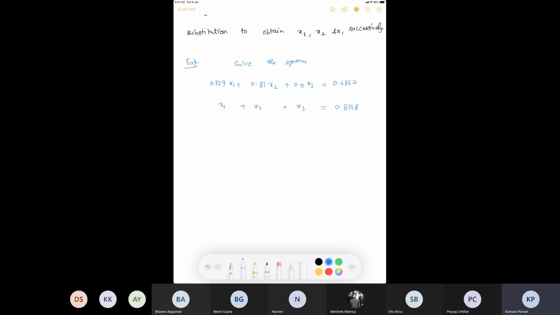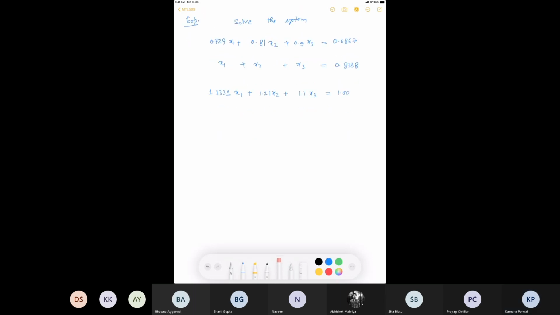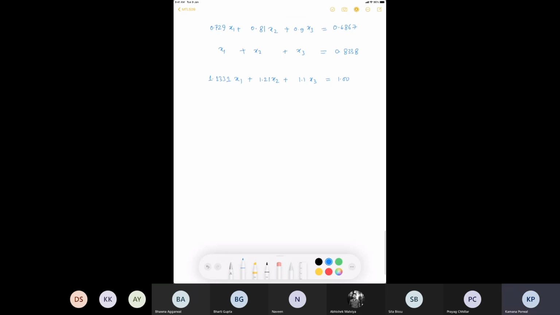This is the second equation. And the third equation is 1.1331 x1 plus 1.21 x2 plus 1.1 x3 equals 1.00. Let me take 1 itself.